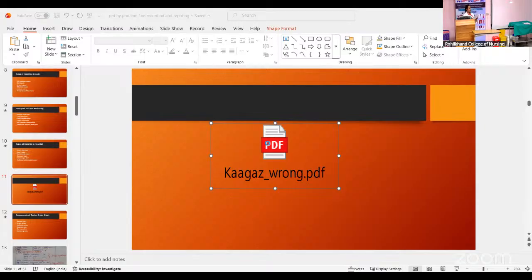Which date and time will we write? Yesterday or tomorrow or coming day? Today. Today is 22/5/2026, right? So now here we have written the date.